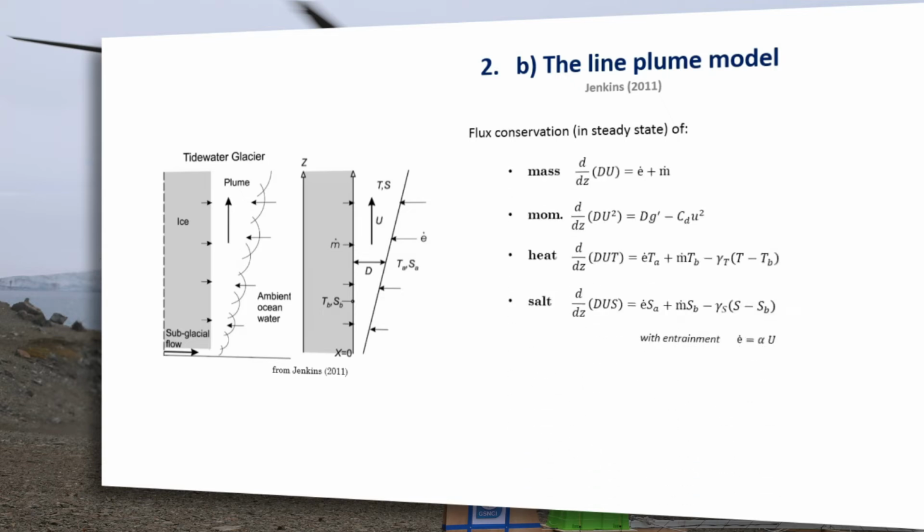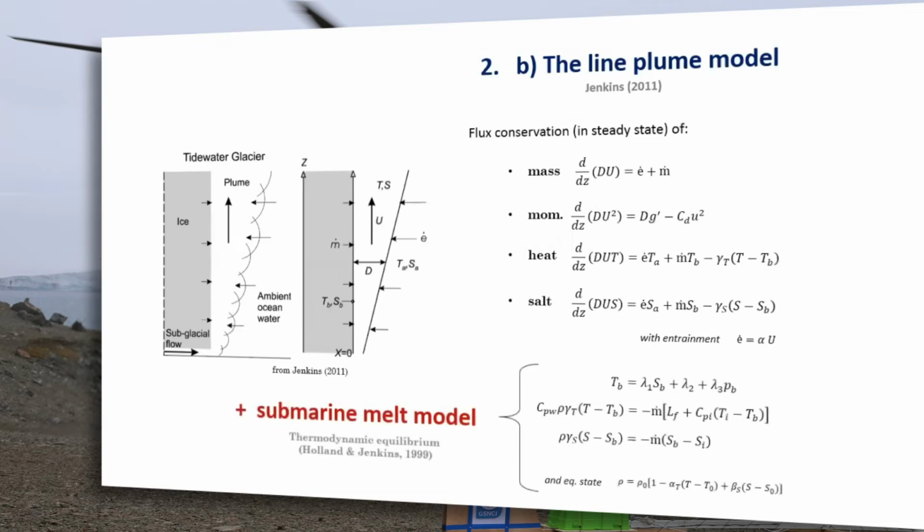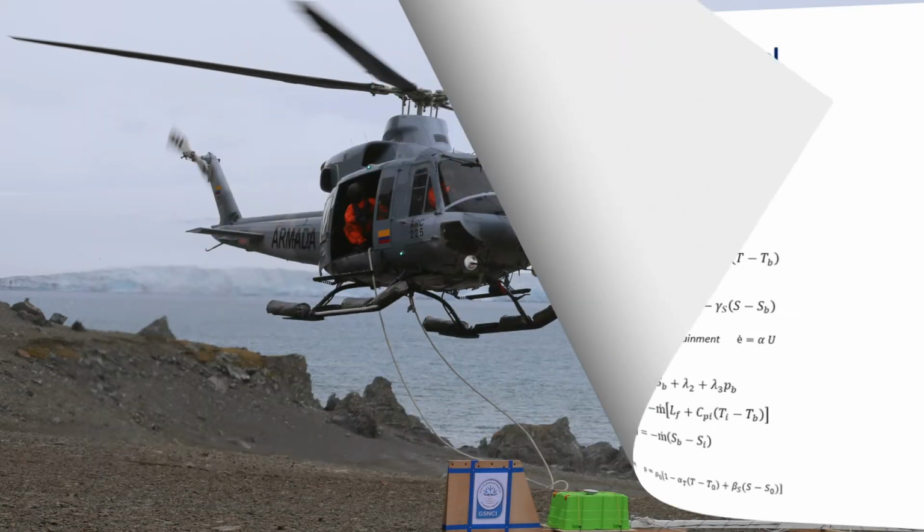The plume model is closed using a thermodynamic equation of state to calculate the plume and ambient fjord water densities, and the same submarine melt model as described before for the fjord model. To calculate the submarine melting and the plume properties, we'll need to initialize our model with the subglacial discharge fluxes and set the temperature and salinity of the ambient fjord waters.